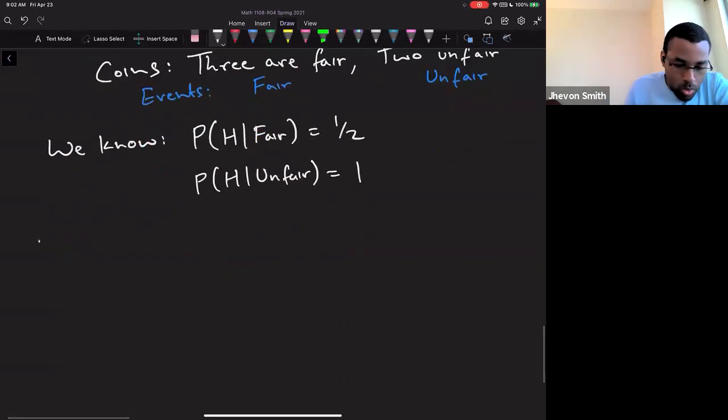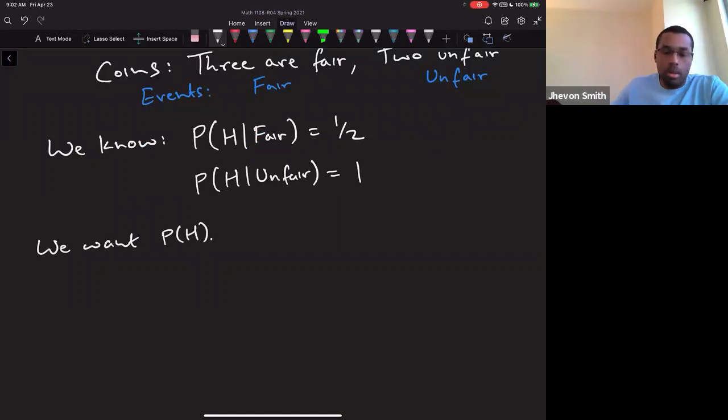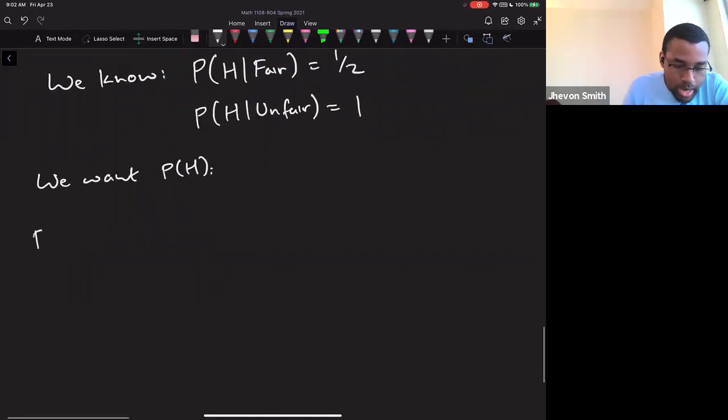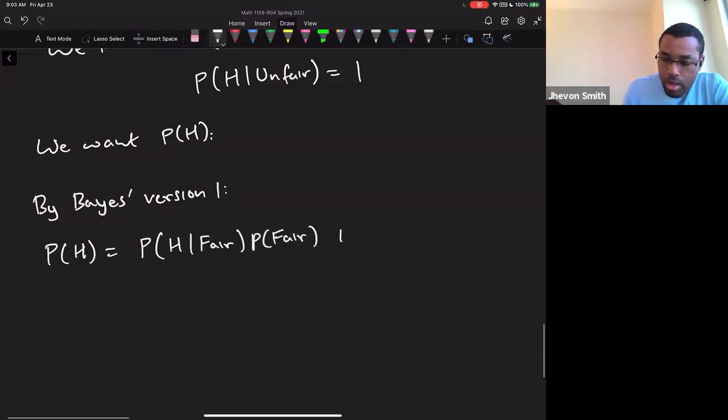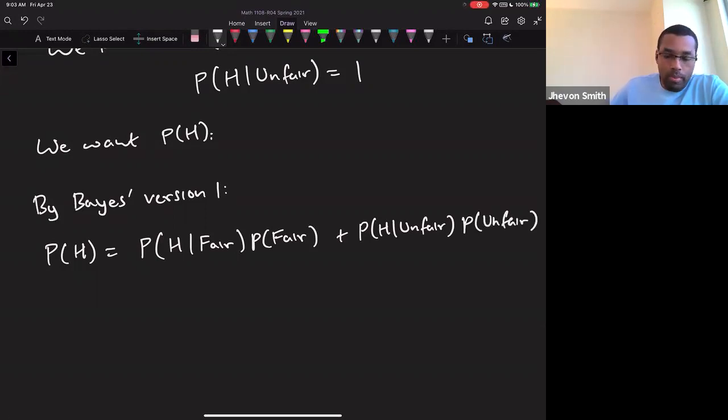So now we want the probability of getting heads. We can do this by Bayes version 1. We know that the probability of getting heads is the probability that you get heads given that you chose a fair coin times the probability of choosing a fair coin, plus the probability that you got heads given that you chose an unfair coin times the probability of choosing an unfair coin. So that's Bayes version 1.